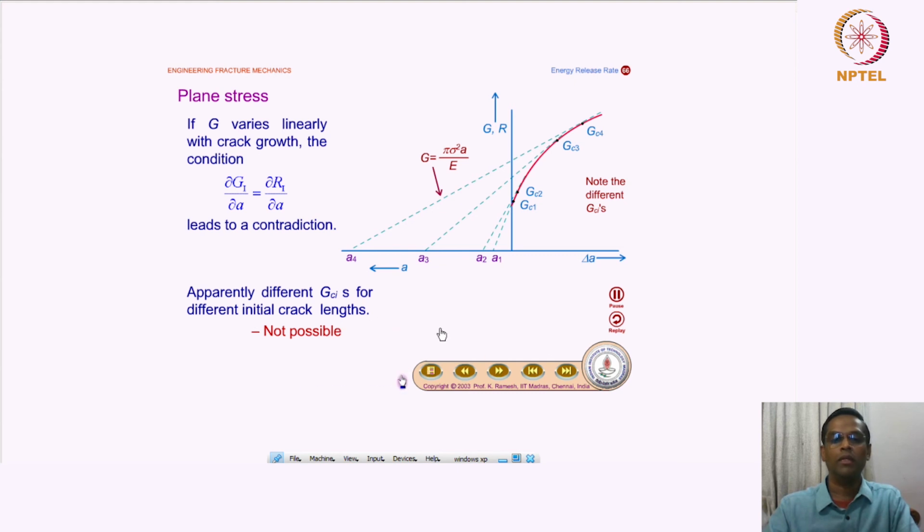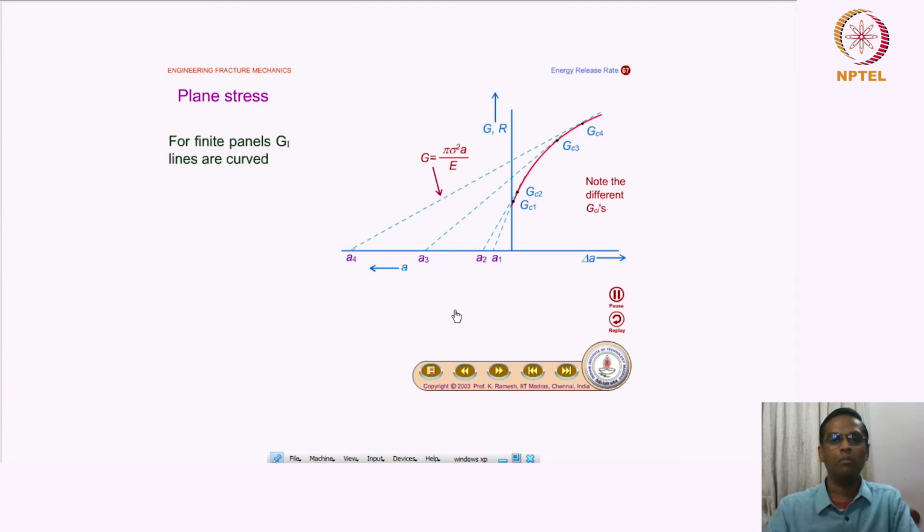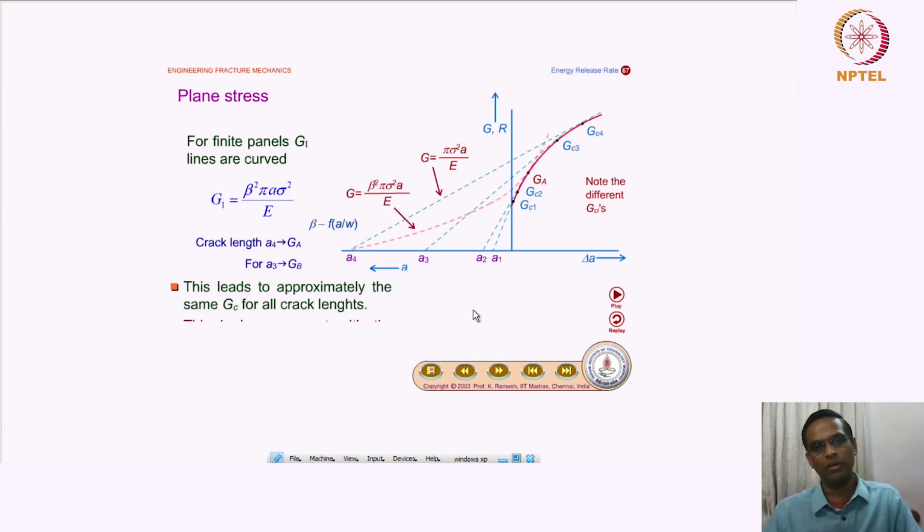What is the remedy? Remedy is we have to consider something called A by W. So what is A by W? See, in these previous experiments, we considered the crack in the infinite plate, and there is no boundary. Okay, so the moment you bring in that boundary, that is width of the specimen, then that is being corrected.